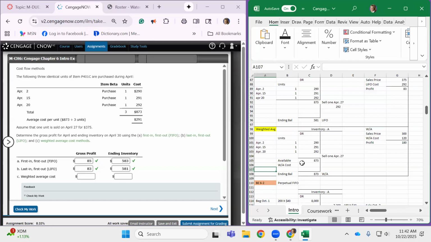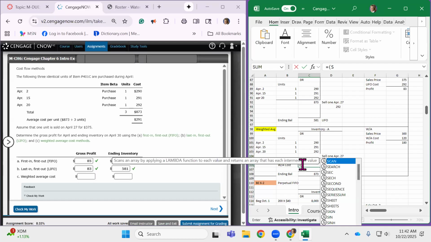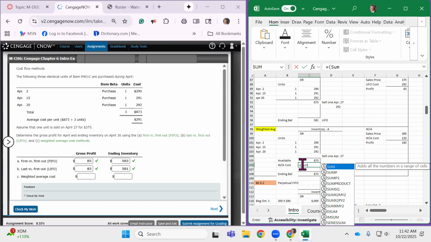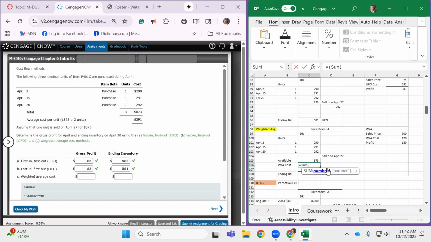You actually take the sum, open parentheses, all these added together, close parentheses. And then we're going to divide by 3. Okay, divide by 3.